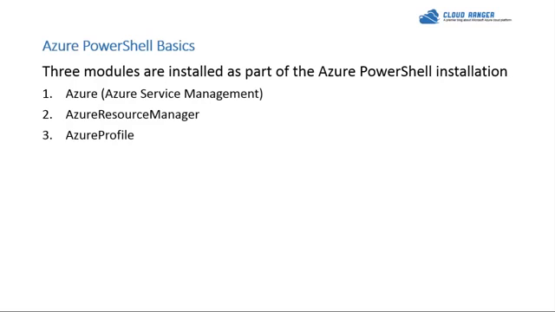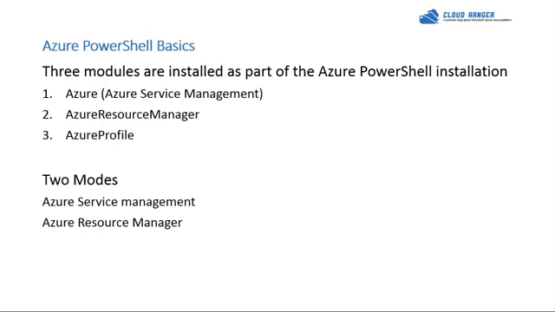The next thing you need to know is that there are two modes you connect to from Azure PowerShell. One is Azure Service Management, which is when you are loaded with the Azure module. Then you have the Azure Resource Manager mode when you are loaded with the Azure Resource Manager modules.